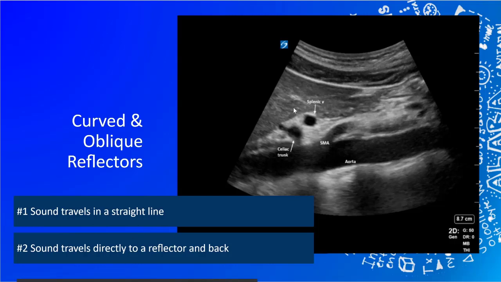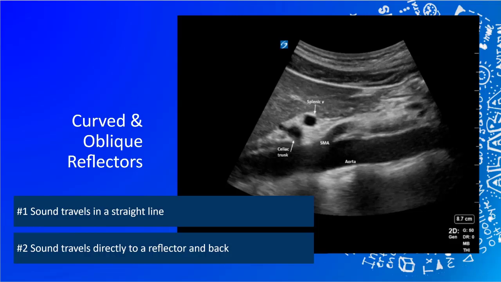We can see in our picture here that the SMA, so this is the aorta here, the SMA is a blood vessel that comes off of the anterior part of it, and it actually kind of curves up and around and then travels parallel with the aorta. And so you can see the wall really well here, you can see the wall pretty well here, but we're actually missing some information in here, and that is because this is a curved or oblique reflector.